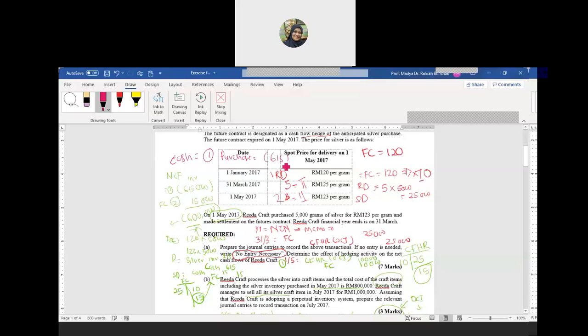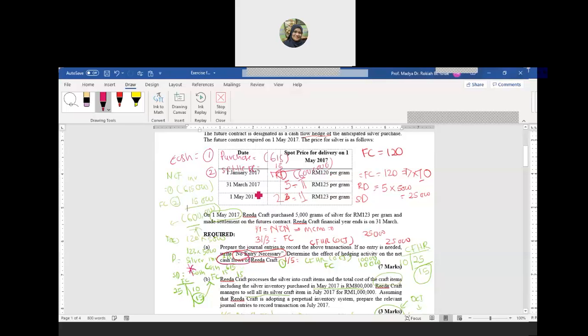The second journal entry is about the settlement of the forward contract. When you settle a forward contract, you receive cash of another 15. So the effect here is negative 600, which is the effect on your net cash flow.